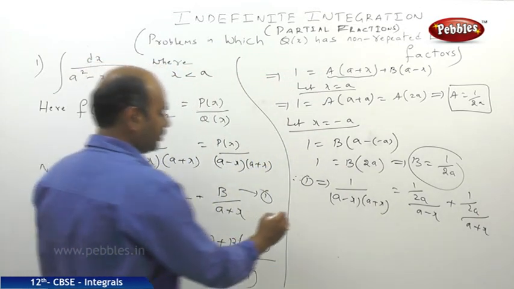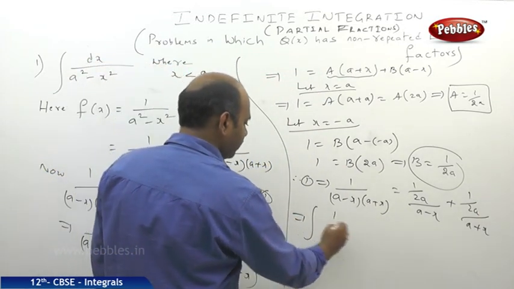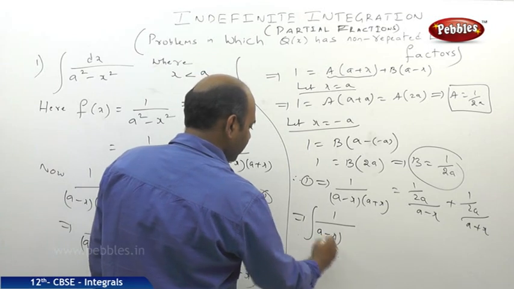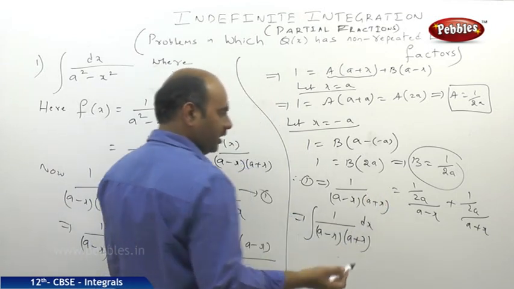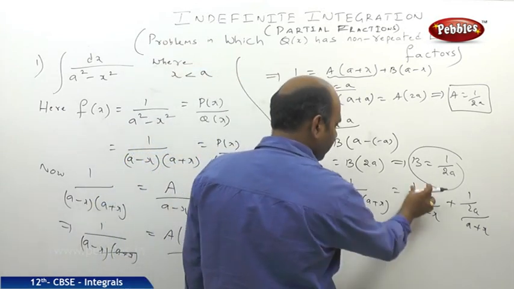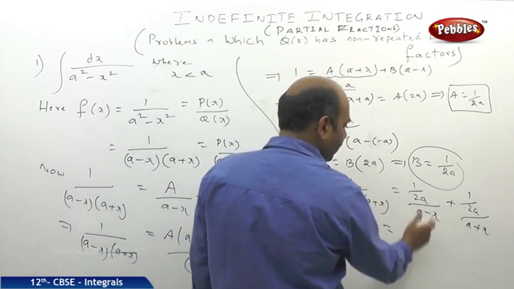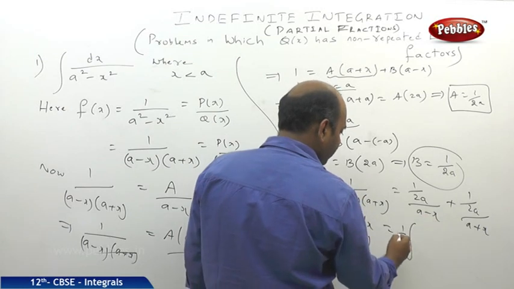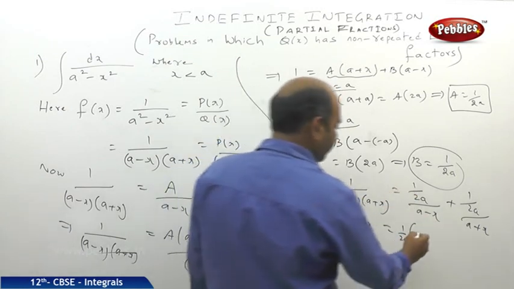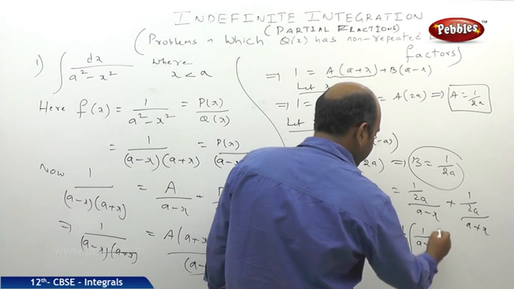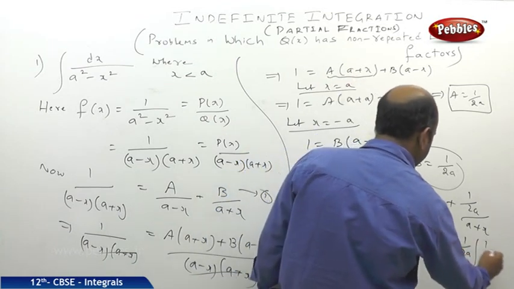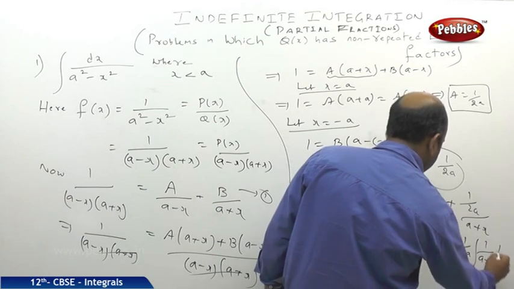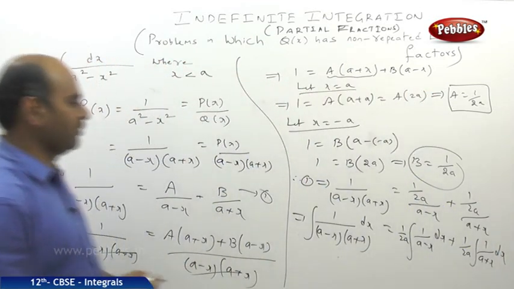So later what do I need to do? I need to integrate on both sides. So 1 by (a minus x) into (a plus x) dx. Integral of 1 by 2a upon (a minus x), that 1 by 2a I will bring outside, and here 1 by (a minus x) dx plus 1 by 2a into 1 by (a plus x) dx.